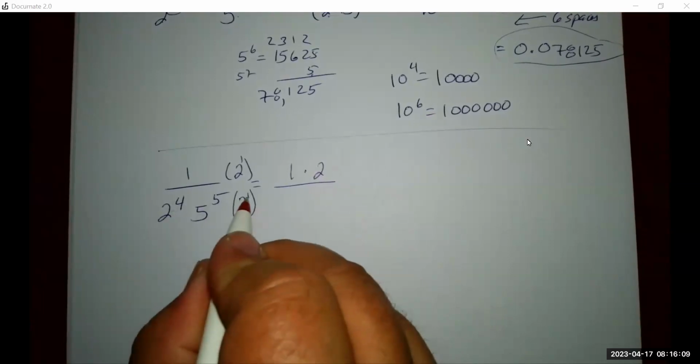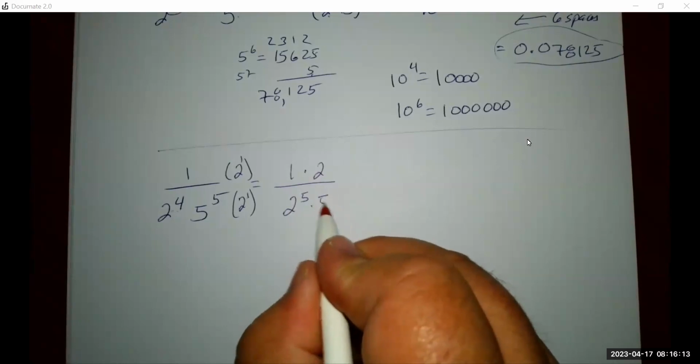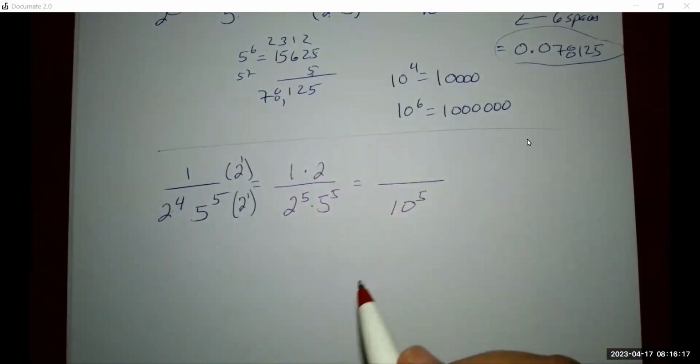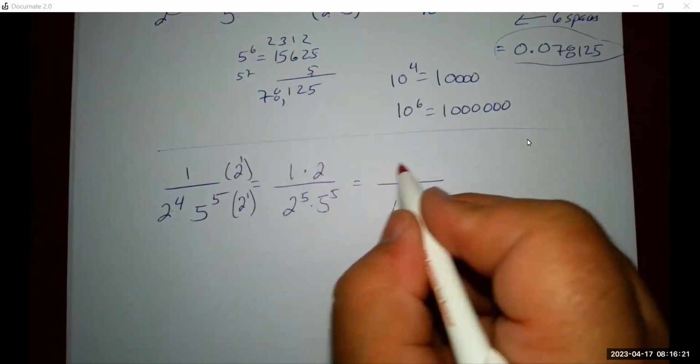We have 4 2s plus 1 more is 2 to the 5th times 5 to the 5th makes it 10 to the 5th. And 2 to the 1st is just 2, so 2 times 1 is 2.